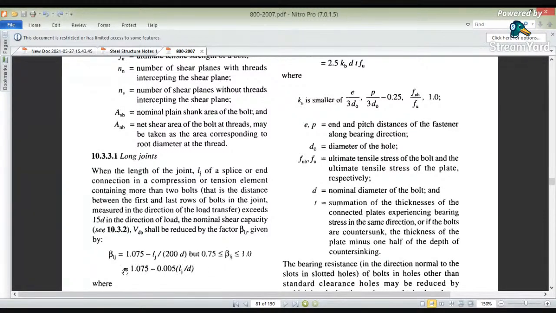So this beta Lj is the complete formula. If it exceeds 15 times d, we have to use this formula. If it is less than 15 times d, there is no need of using this formula. When it is more than 15 times d, at that time we have to use the beta Lj formula.